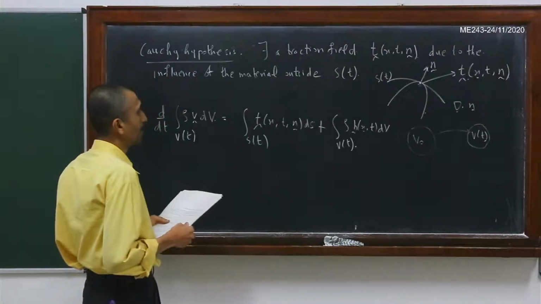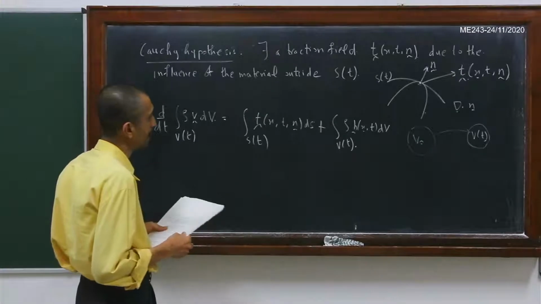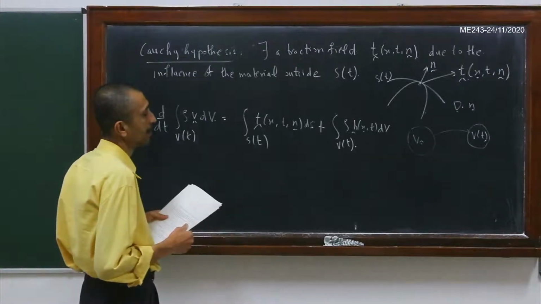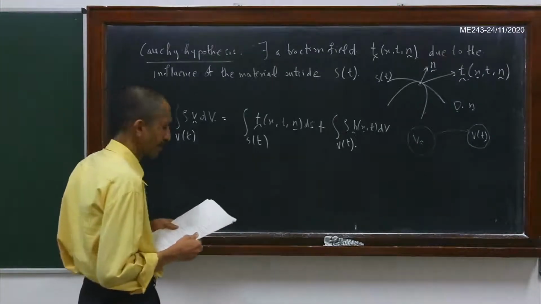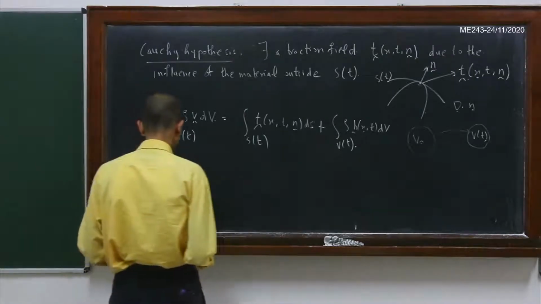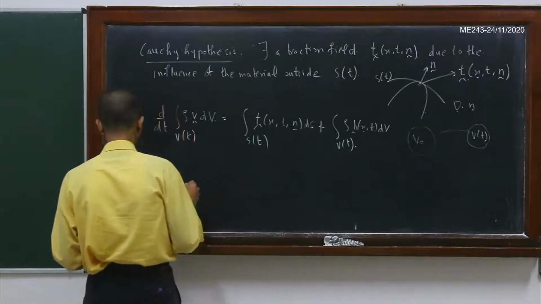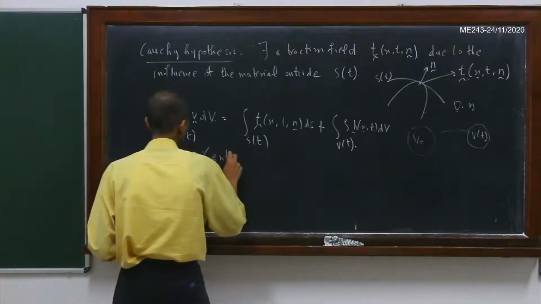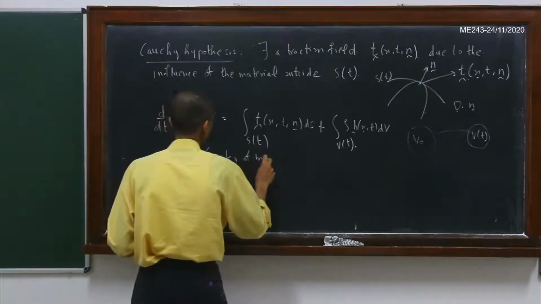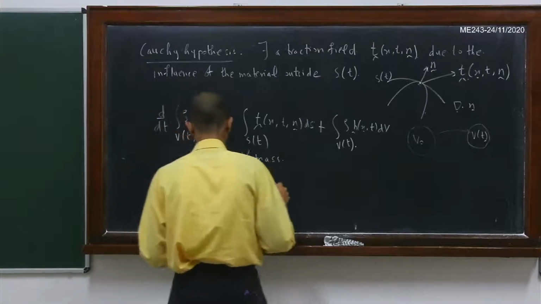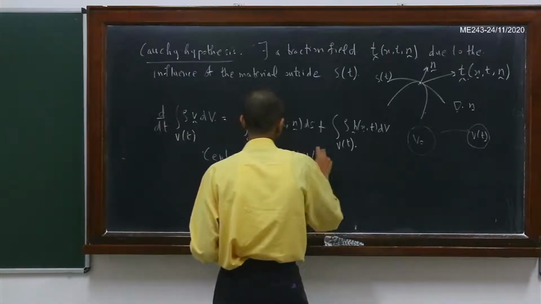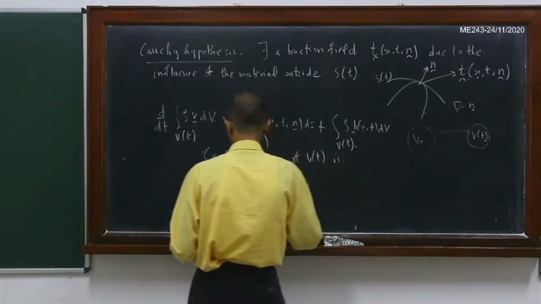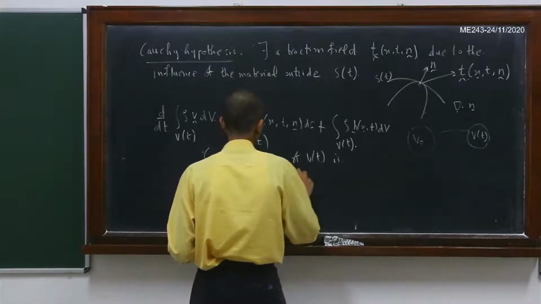So we can write this equation in terms of the center of mass of the material volume. So let us just define what we mean by a center of mass. The center of mass of V of t is x bar, let us say x bar of t.